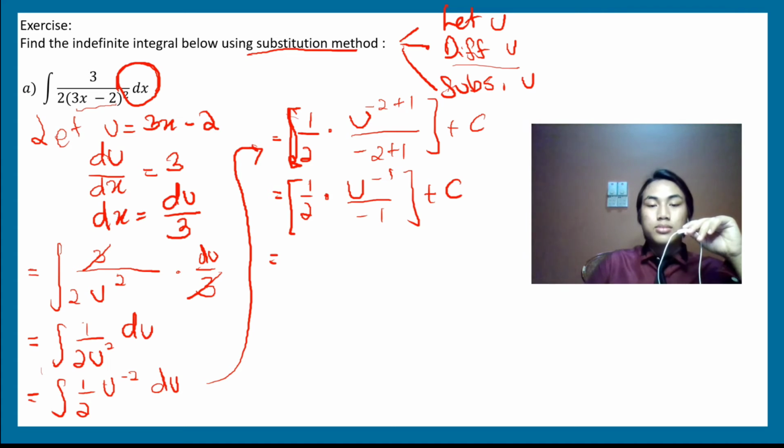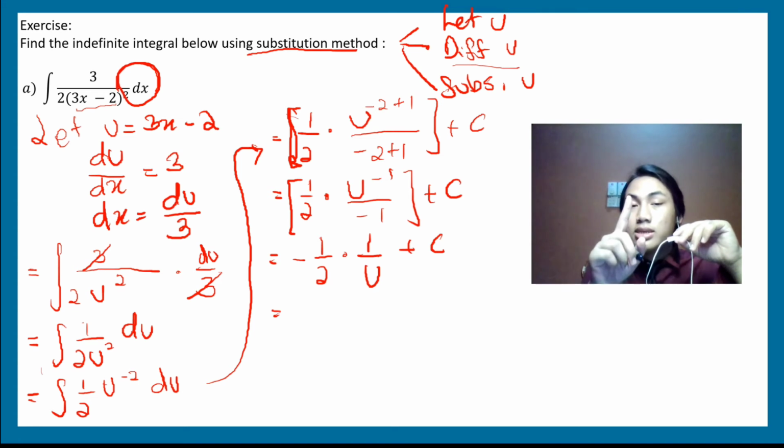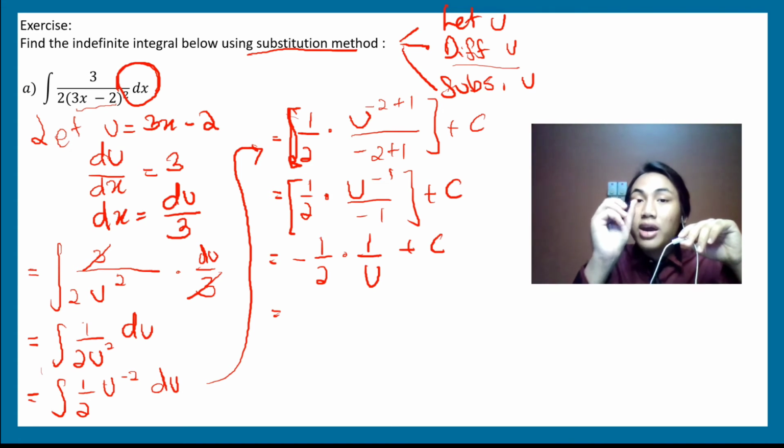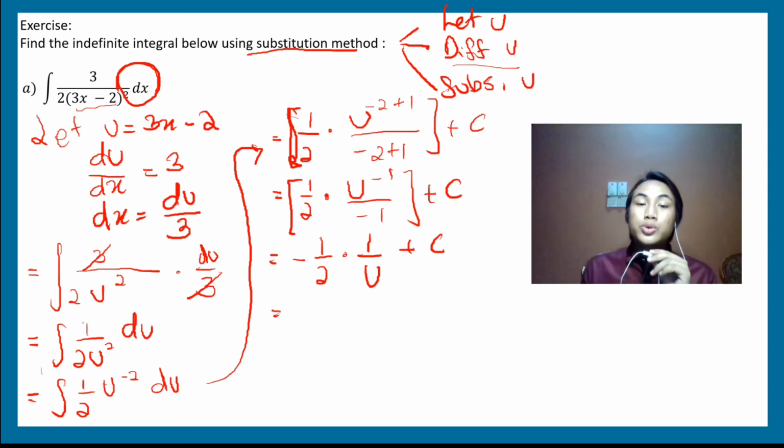Okay, so here negative 1 over 2 times 1 over negative 1, it will be negative 1 over 2. u to the power of negative 1, it will be 1 over u, right? 1 over u plus c. Okay, and then the question is in terms of x. So we must substitute the value of u into that equation, or into that answer. Okay, so we have a negative.